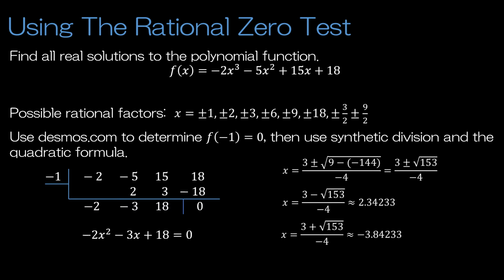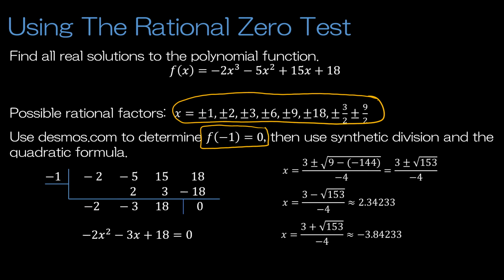So, first step, list out all of the possible factors. Next step, use Desmos to determine what real solution you have. So I only found one rational 0, which was f of negative 1 is equal to 0. But they asked me to find all of the solutions. And so all of the solutions means I have to keep going.